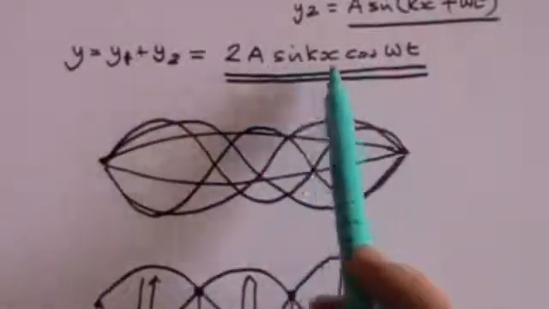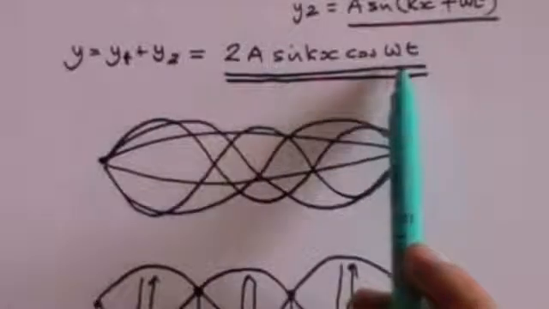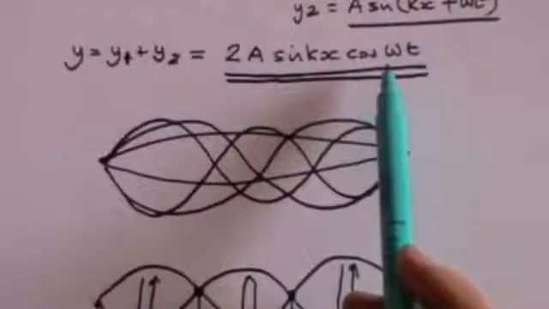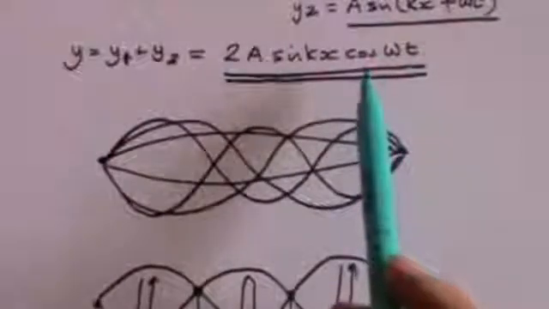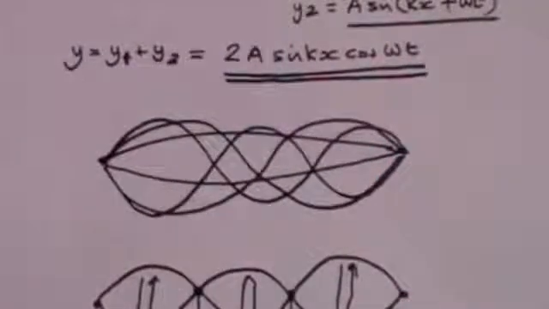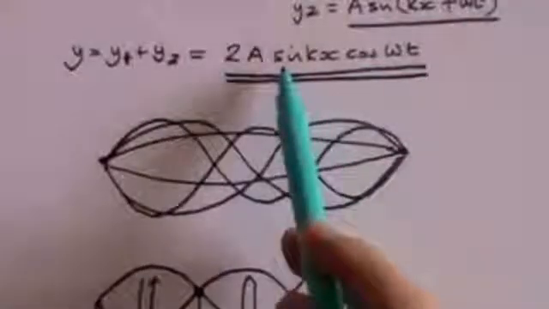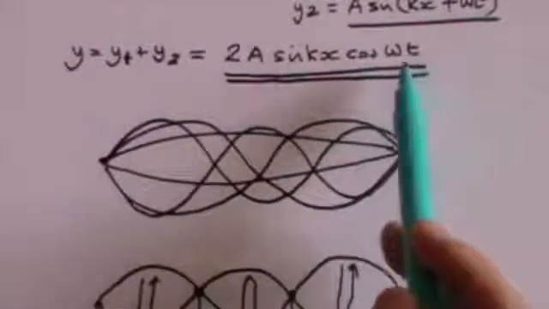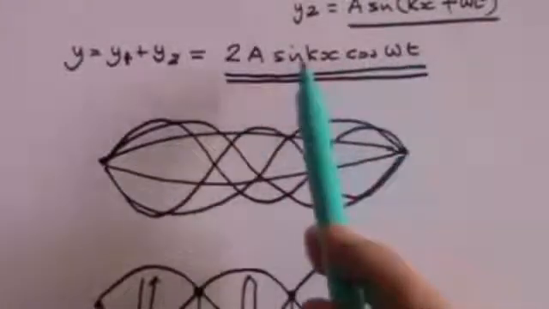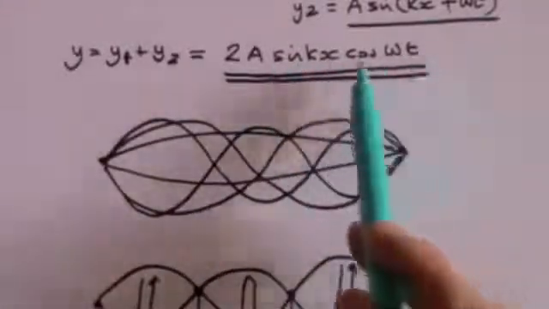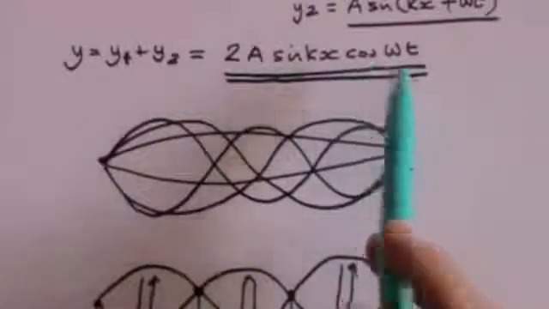This is just a sine kx times a cosine of omega t, and that's what makes it a standing wave. That's why it doesn't move, which is why it's called a stationary wave. But you will see that the amplitude of the wave at any position x and any time t is going to be given by this combination of sine and cosine.